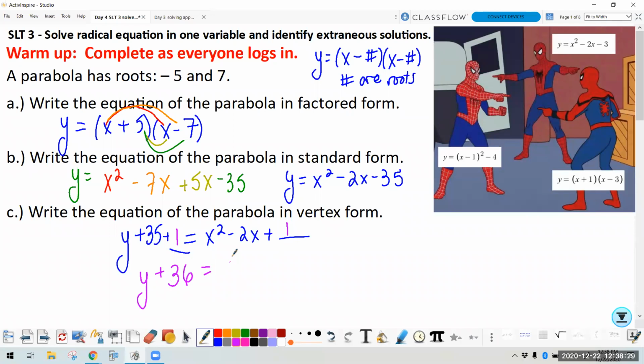Combine your like terms and factor the right. And then our last step, we're just going to isolate the y. So we get y equals x minus 1 squared minus 36. What questions do you have?